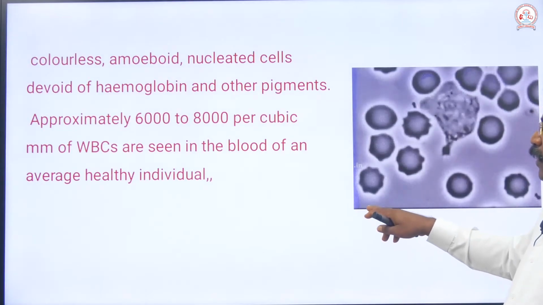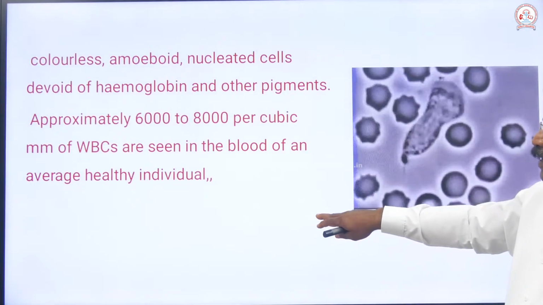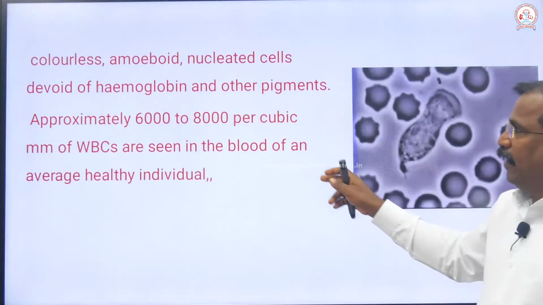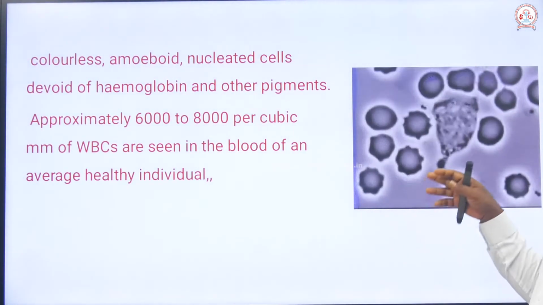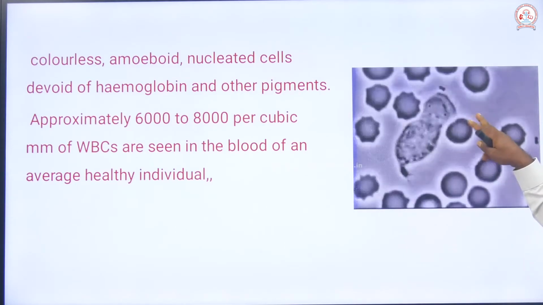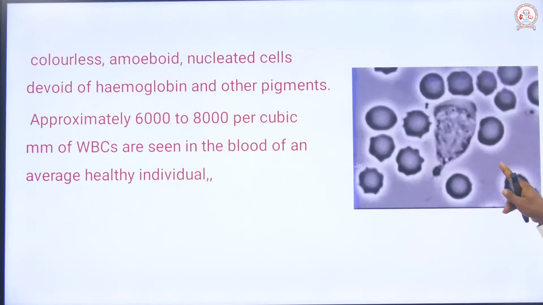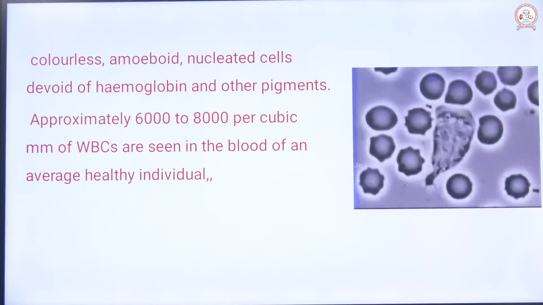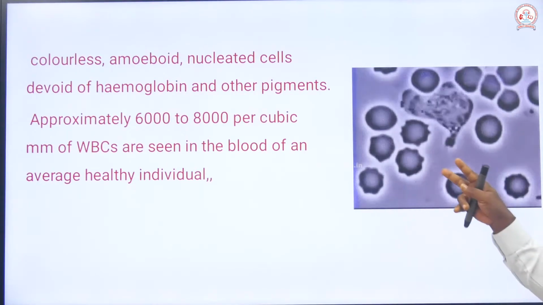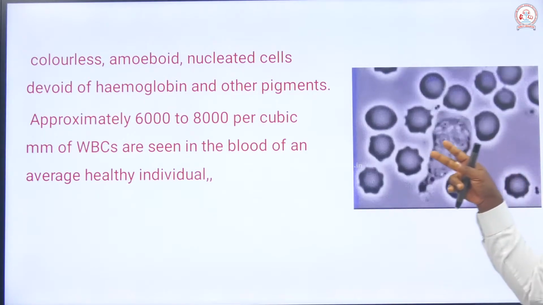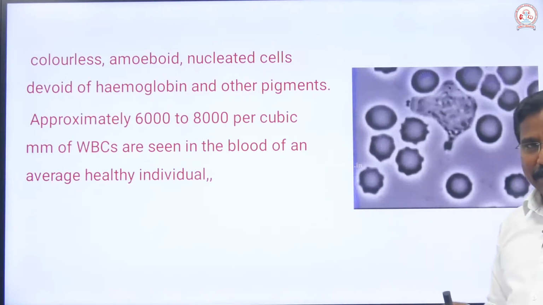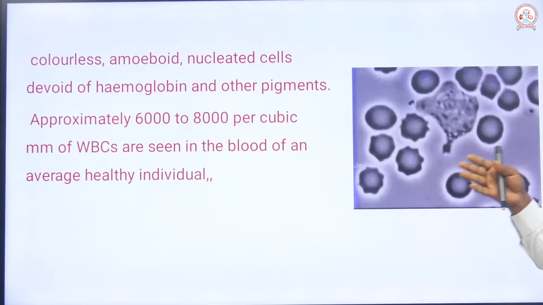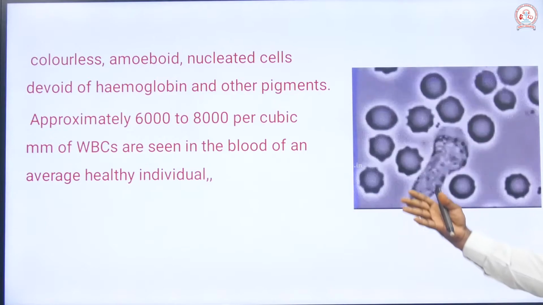This is one of the formed elements. And listen, it is colorless and amoeboid. Its shape is not regular, it changes so that it moves freely through the gaps. It is colorless, amoeboid and nucleated, unlike the RBC, with the nucleus present and no hemoglobin.